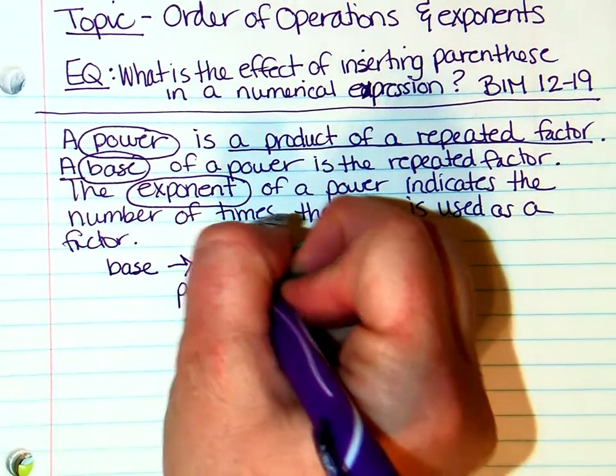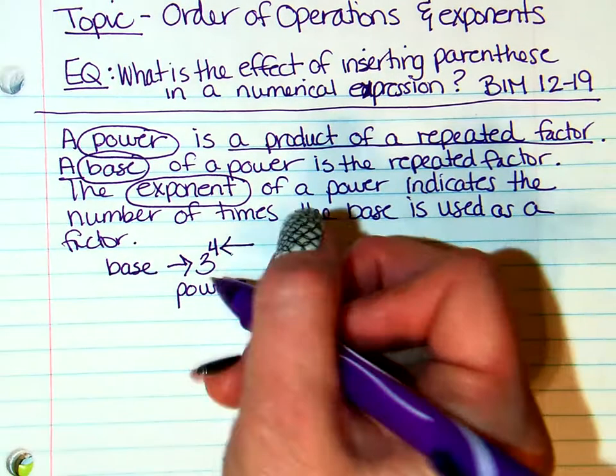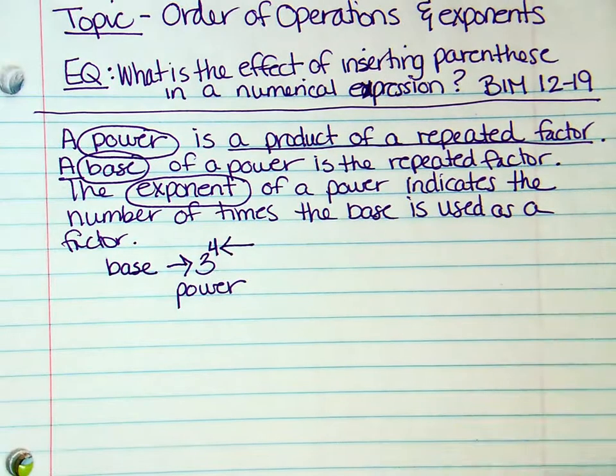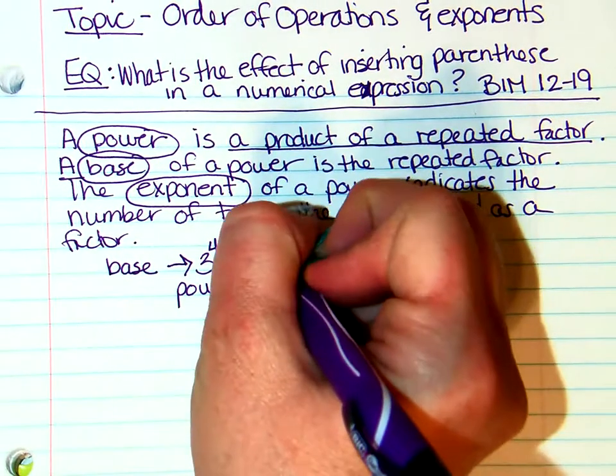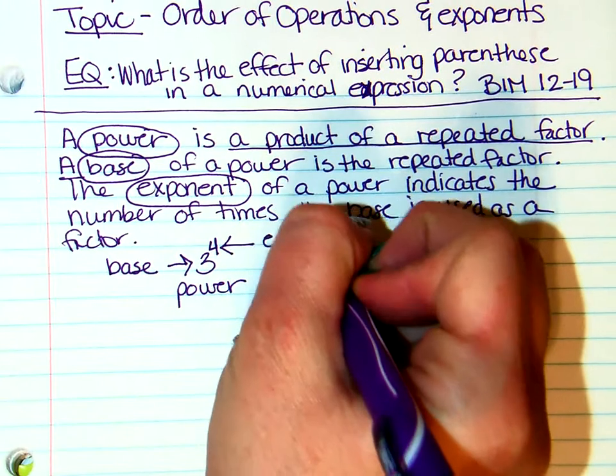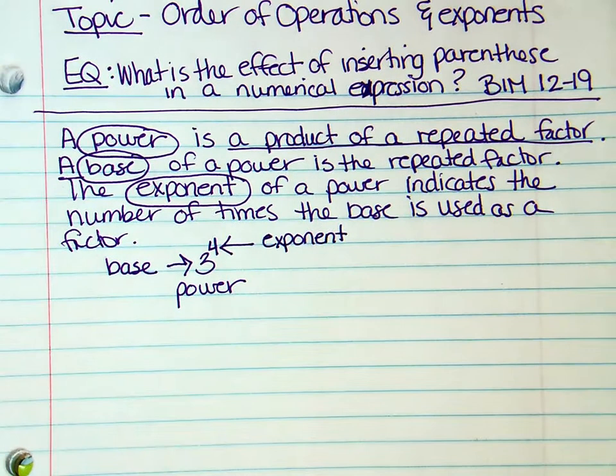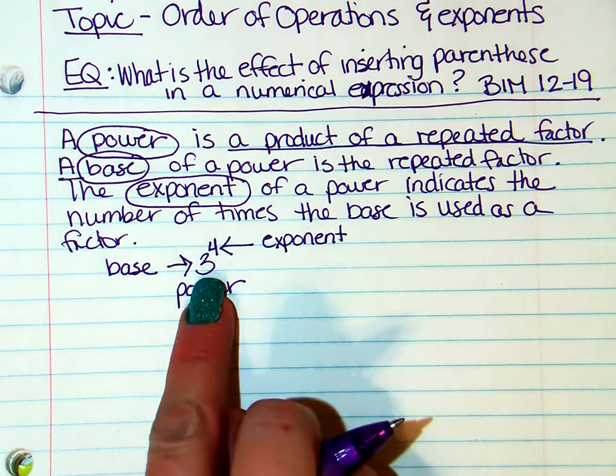And this little number up here that tells you how many times you multiply that 3 by itself is actually your exponent. Now, it's not wrong to call the whole thing an exponent. We all do it. But just so you know, it's actually called a power. And this is your base and this is your exponent.